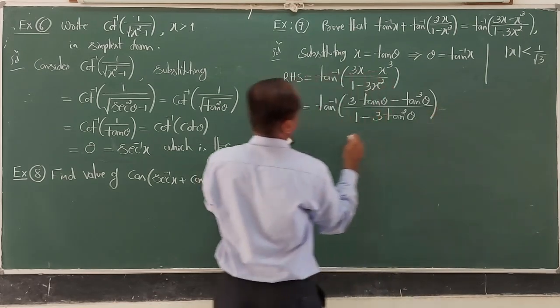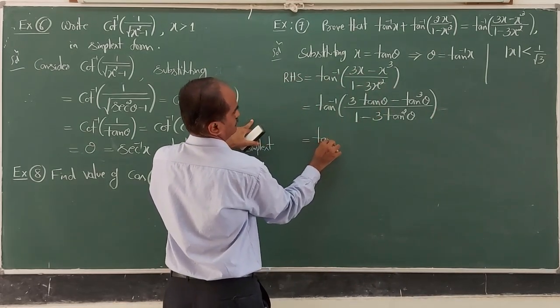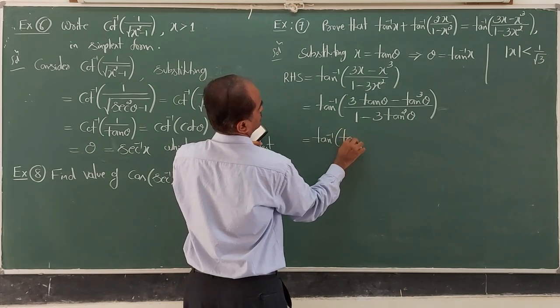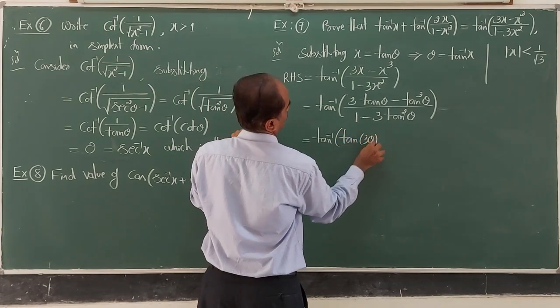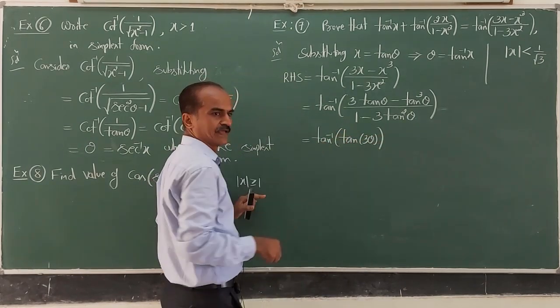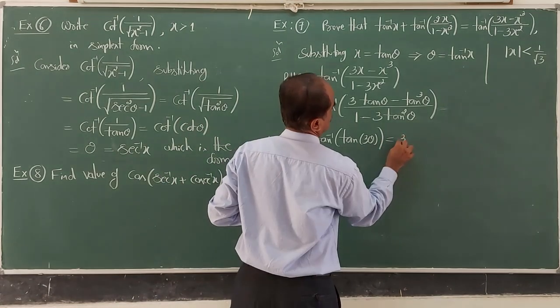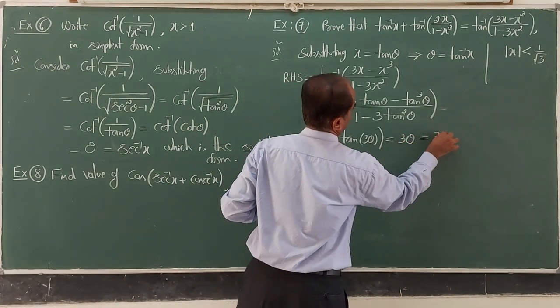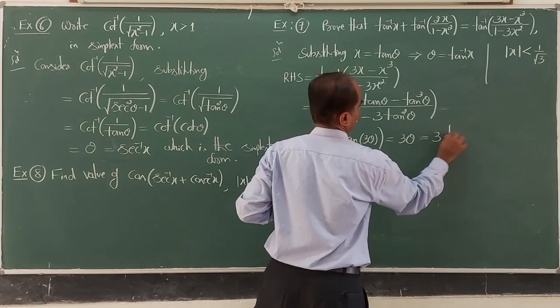This is tan inverse of tan 3 theta. Now apply tan inverse of tan y equal to y. Resubstitute theta. It is 3 times tan inverse x.